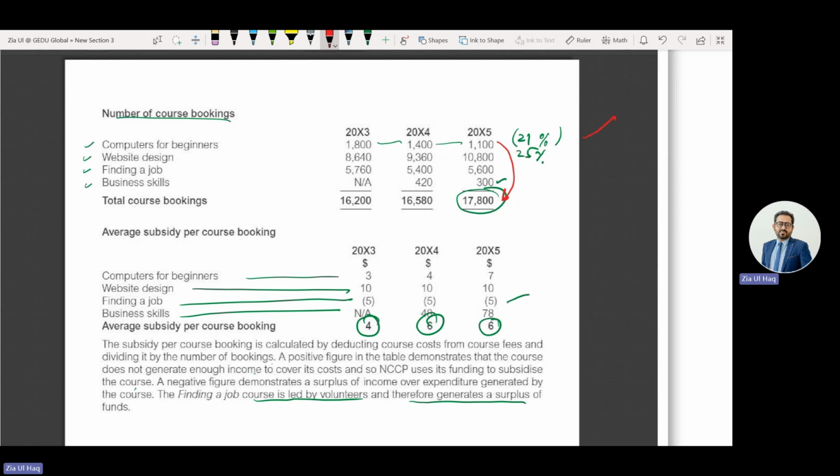How much is 1100? 1100 by 17,800 multiplied by 100 is 6.1%. So this is 6.1% of total courses and has reduced by 21%.